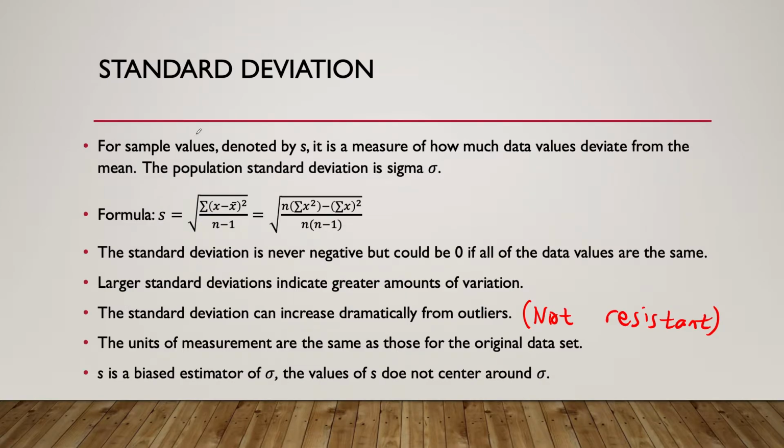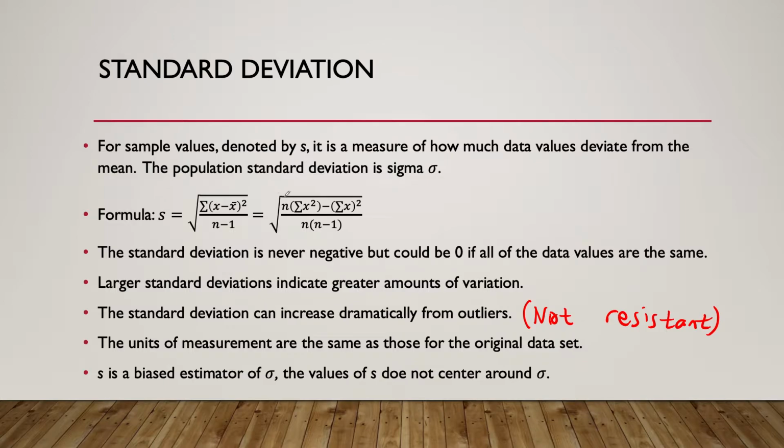The standard deviation for sample values is denoted by a lowercase s. It is a measure of how much data values deviate from the mean. The population standard deviation, on the other hand, is denoted by a Greek symbol sigma. The formula for the sample standard deviation takes the square root of the sum of all of the deviations around the mean squared divided by n minus 1.